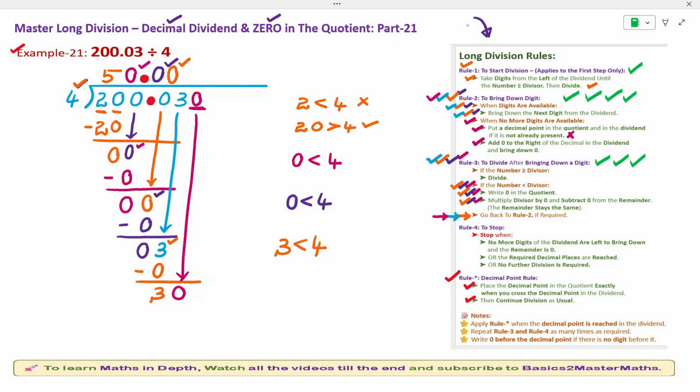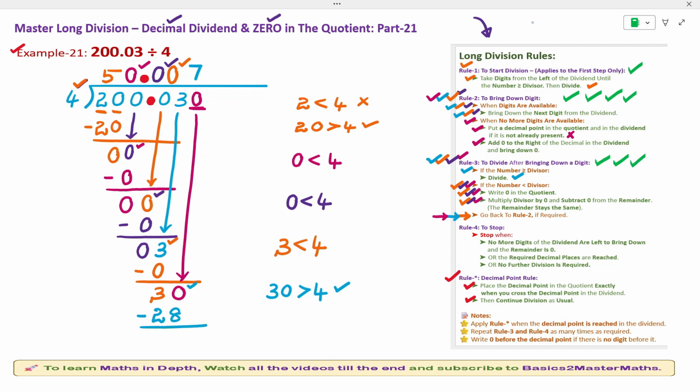Let us apply rule 3 again. Now, the number becomes 30, which is greater than the divisor 4. As per rule 3, if the number is greater than or equal to the divisor, then divide. 4 sevens are 28.